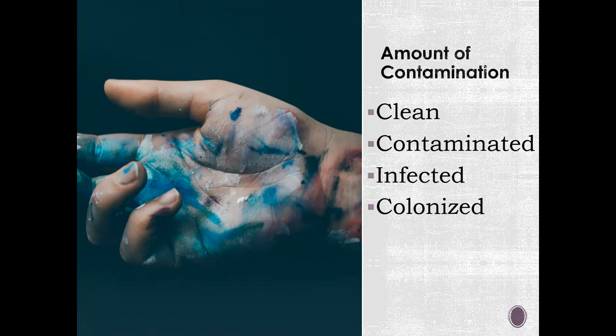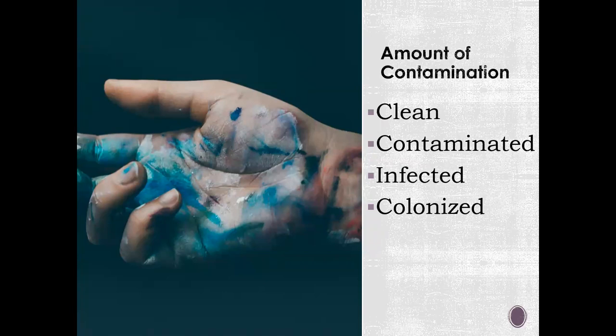And then we have an infected wound. An infected wound shows clinical signs of infection, including redness, warmth, and increased drainage that may or may not be purulent. When we talk about purulent drainage, we're talking about drainage that contains pus, and it has a bacterial count in the tissue when the tissue is cultured. And then we have a colonized wound.